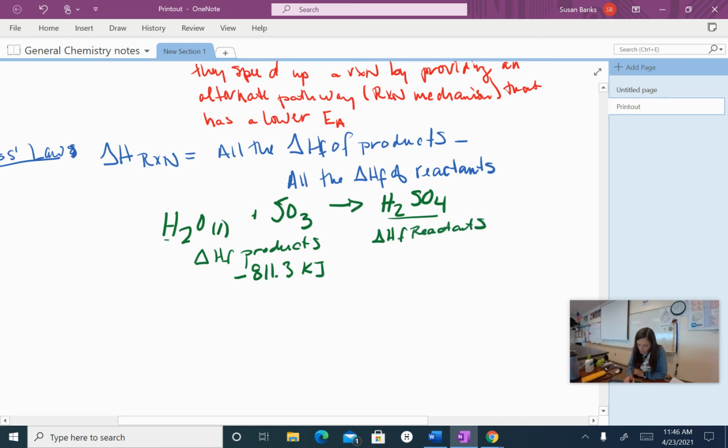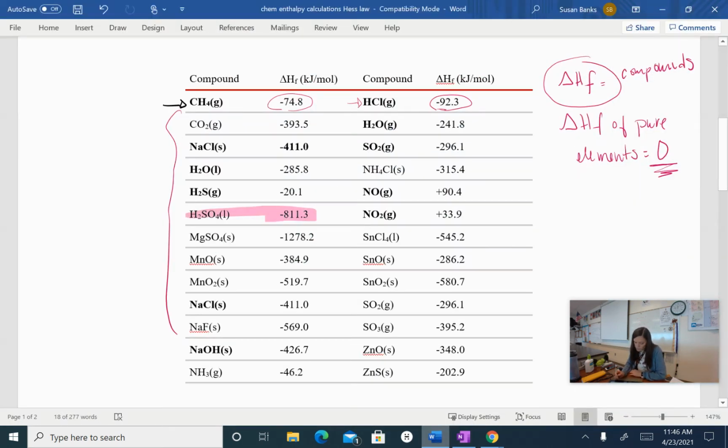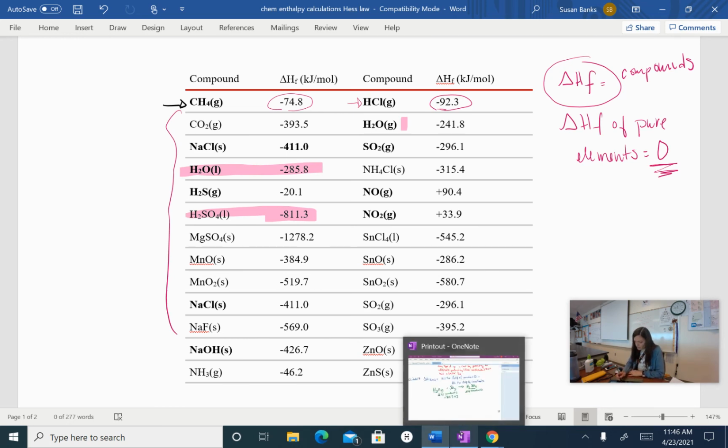And our reactants are water in the liquid state. So let's look up that. So water in the liquid state. Notice we have water in the gas state, but I don't want the gas state. I want the liquid state. So, here we go. Water in the liquid state, negative 285.8 kilojoules.